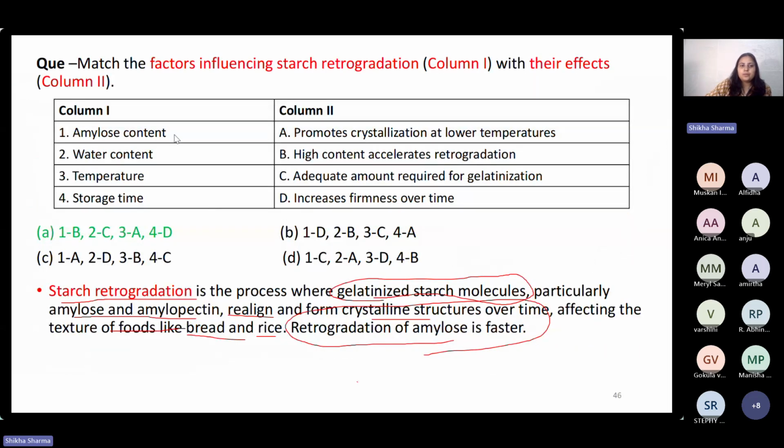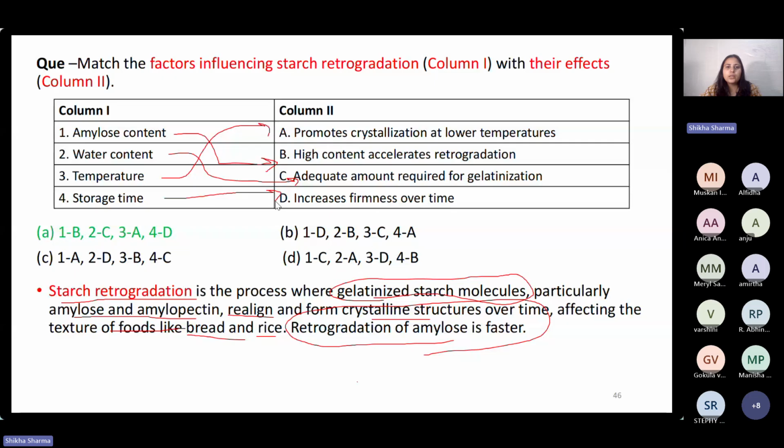So a higher amylose content accelerates the retrogradation. Then water content is basically the adequate amount required for gelatinization. Temperature is related to the promotion of crystallization at lower temperature, and storage time basically increases the firmness over time.